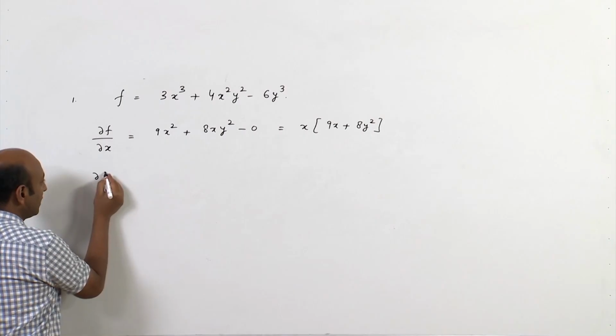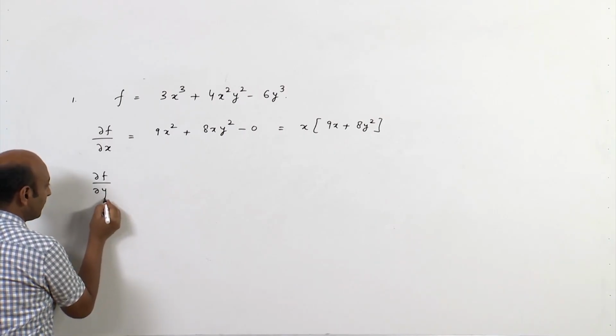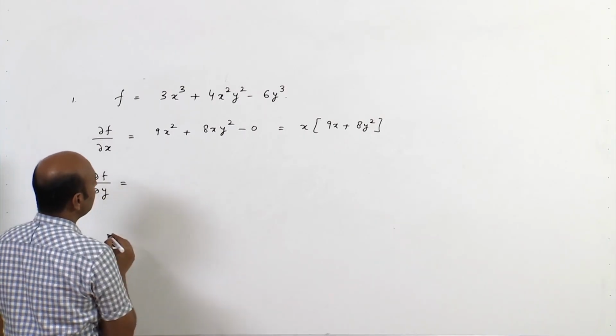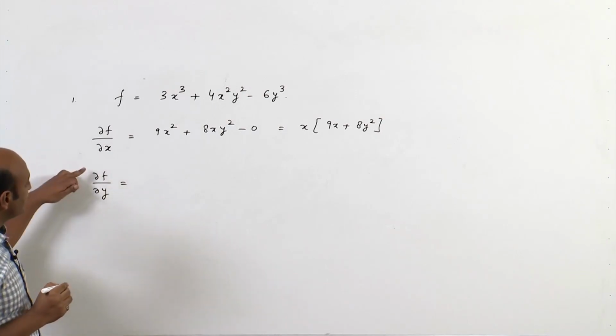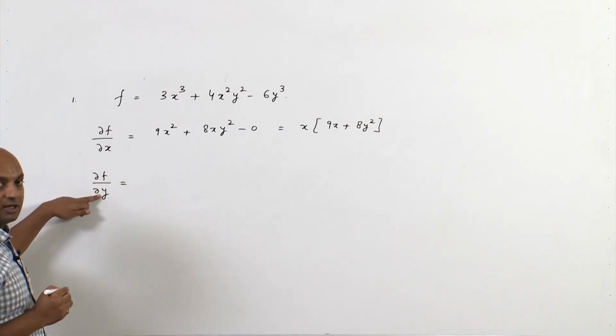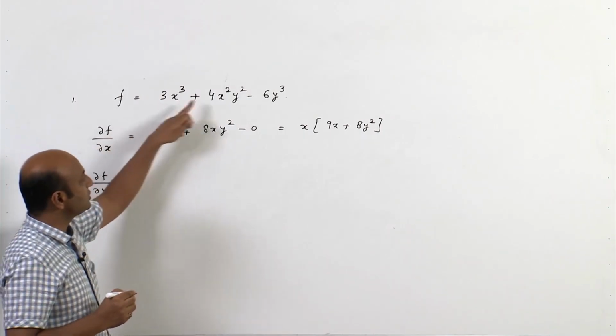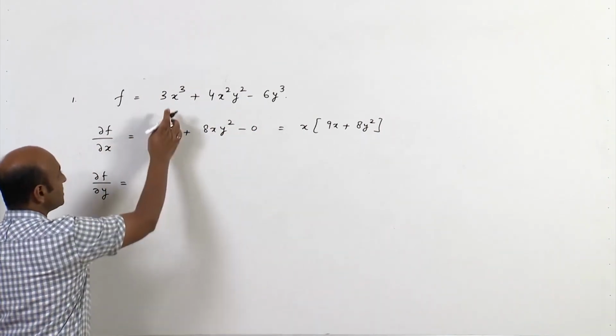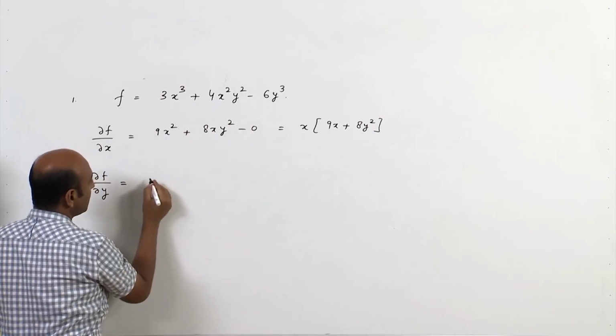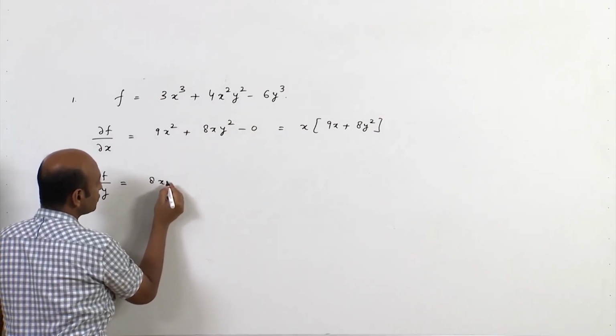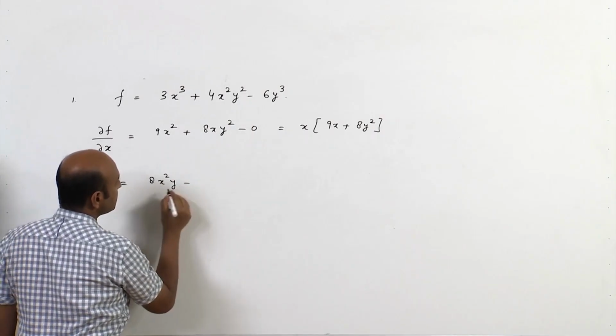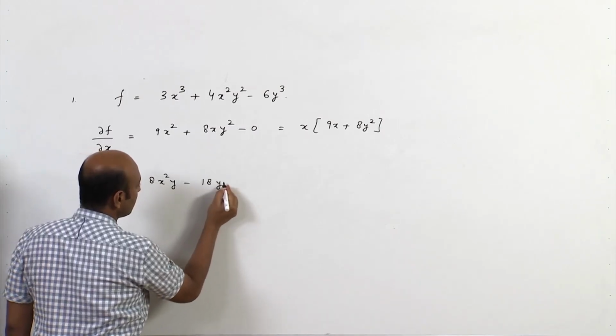Now, similarly, if you want to find del f upon del y, you have to differentiate f with respect to y partially. That means, you have to take x as a constant. So, this is 0 and this is 8x square y minus 18y square.